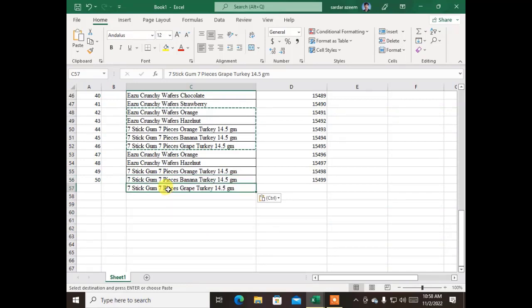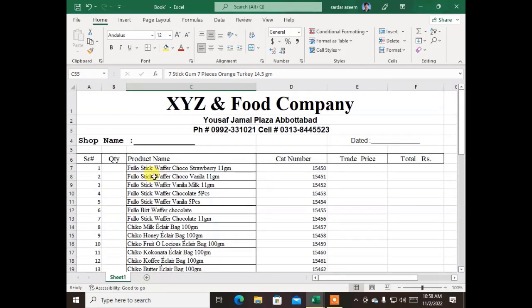Here we have multiple products in our sheet, and it demands only one thing. For example, here it is the quantity, it is the trade price column, this is the total column.